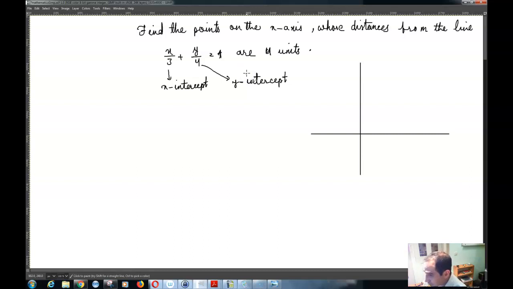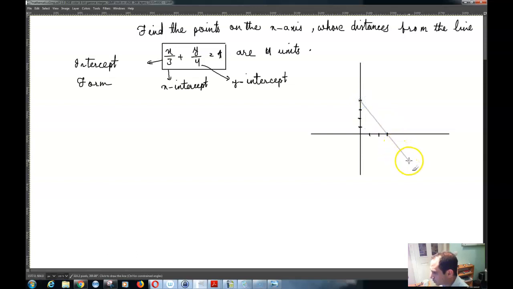Technically, we say that this line is in the intercept form, meaning that both of the intercepts are readily available to you in the equation. So if the x-intercept is 3, you get 1, 2, 3 over here, and 1, 2, 3, 4 over here, and if you connect these 2 points together, you will get the graph of the line. This is y, and this is x.